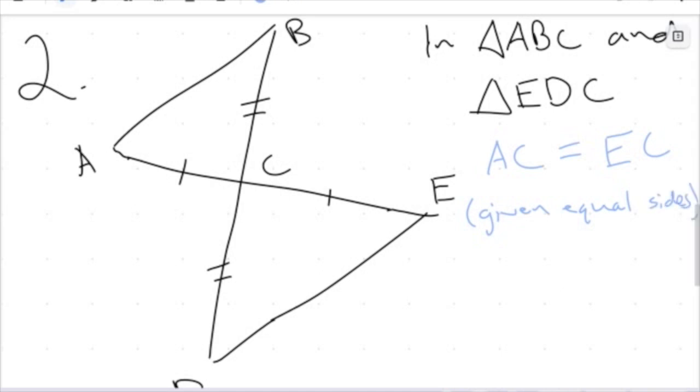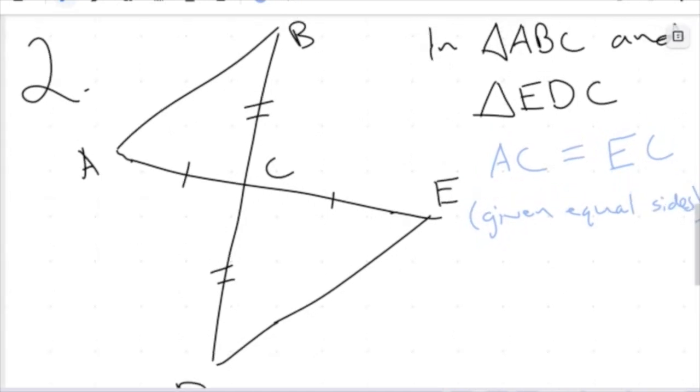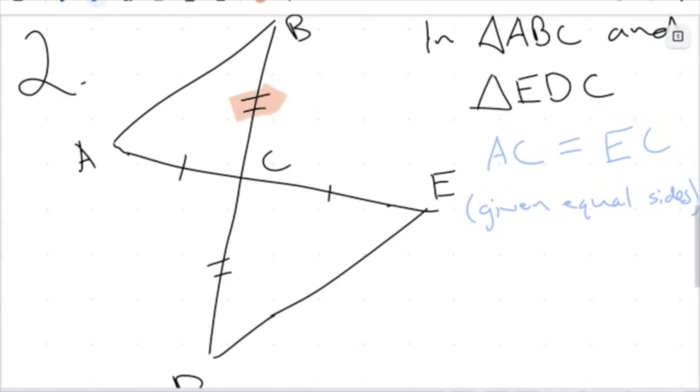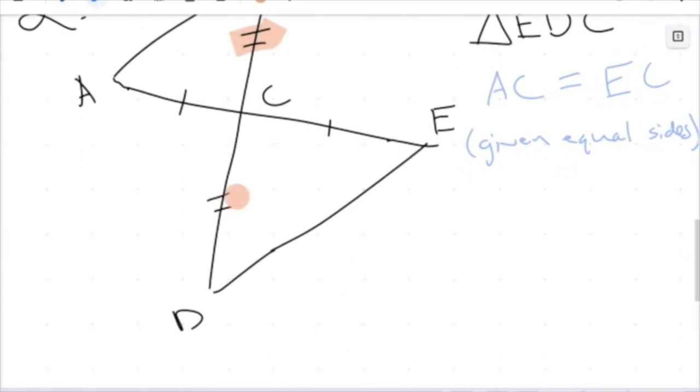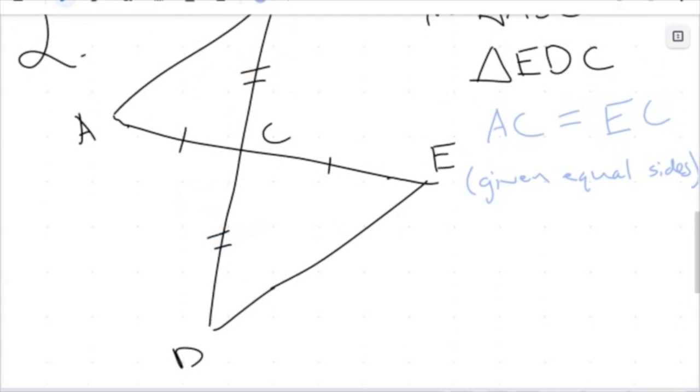That is told to us in the diagram already. Now also, sides BC and DC are also equal. They're given to us by these line markings. So BC equals DC, and that is also given, equal sides.